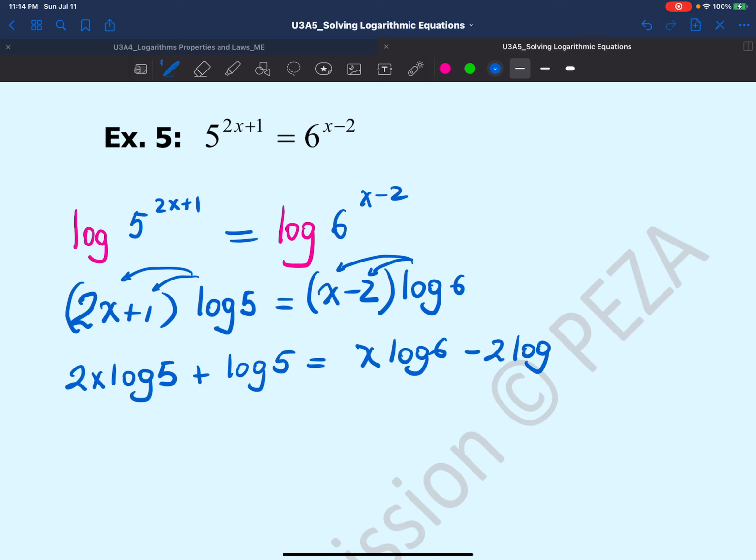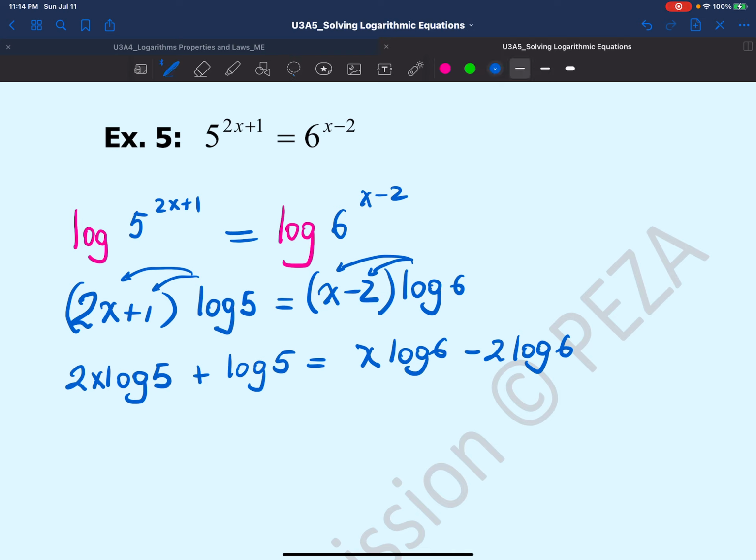And I will be very careful to write the variables and the coefficients first and then the log after, because if we were to bring log to the front, say for example, if we wrote log first and then the 2x, it will be very easy to mix up the numbers and not be able to identify where the x is going. Is it inside the log or is it outside it?